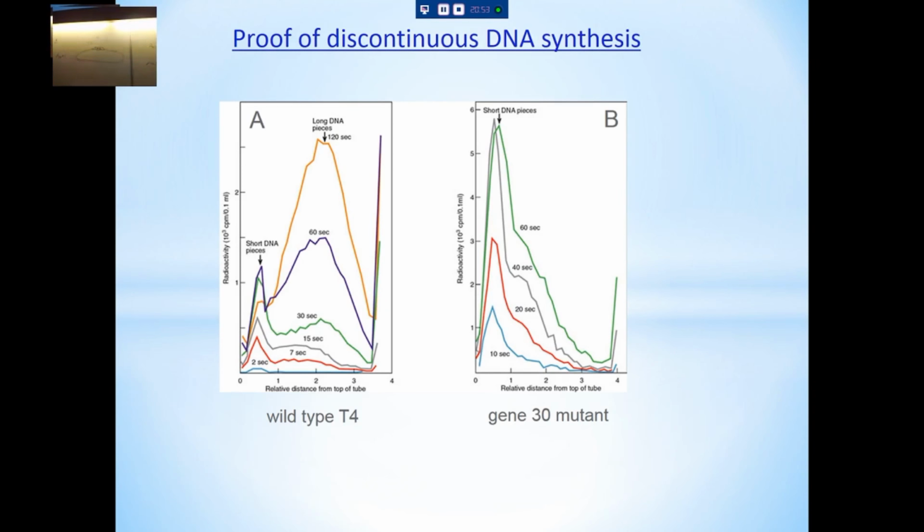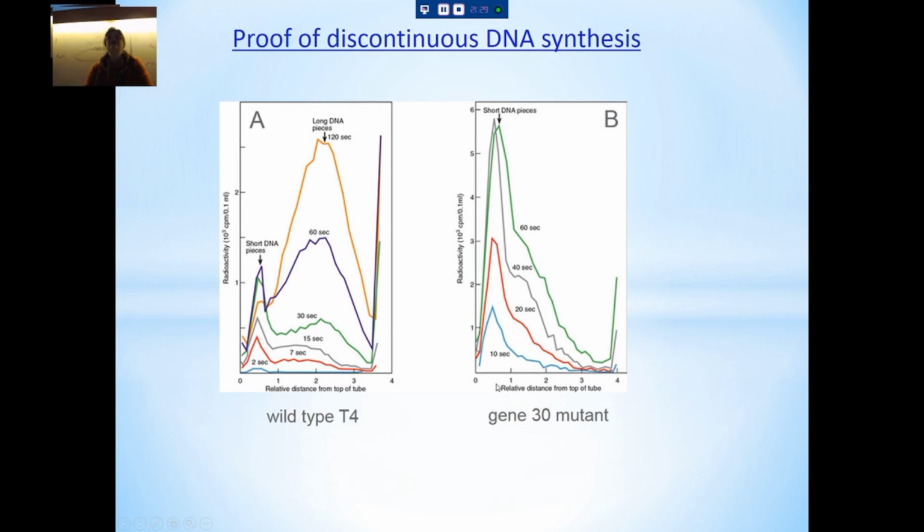highest specific activity known. And the gene 30 of T4, bacteriophage, is a DNA ligase. So by looking at phage DNA that was produced during a wild-type T4 infection or a ligase isogenic mutant infection, we can see that this peak here is very short fragments of DNA, and these are long pieces of DNA.